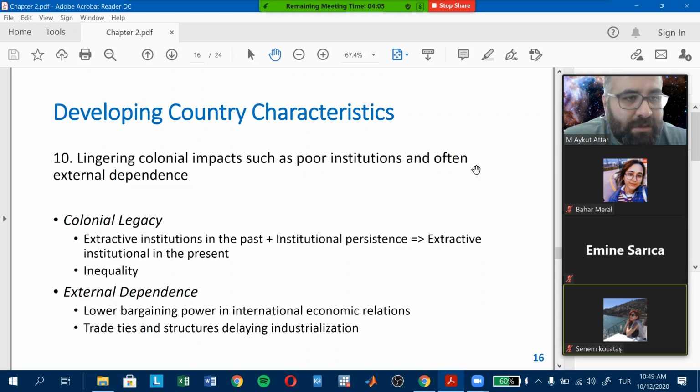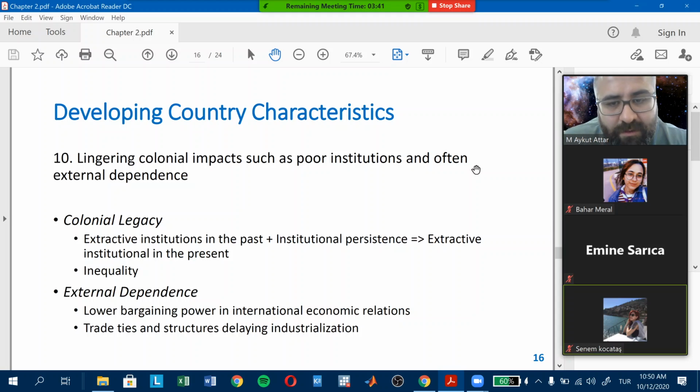Another thing is external dependence. Again, historical ties with the colonial powers or former imperialists now create low bargaining power for many underdeveloped or developing economies, especially when it comes to international political and economic relationships.